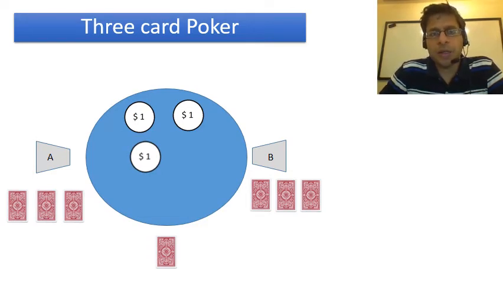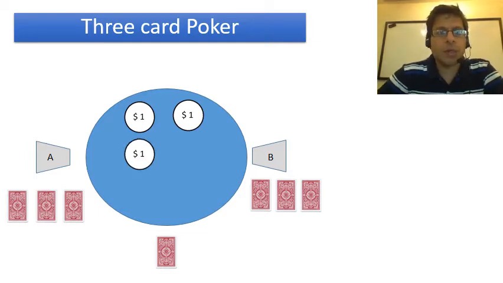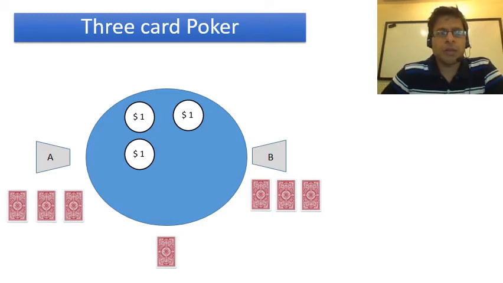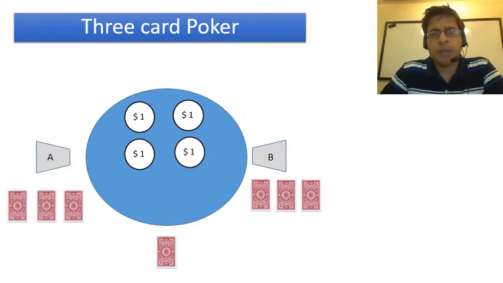He can either surrender by betting 0 or match the amount that player A has bet. If player B surrenders, then player A immediately gets all the money in the pot. Otherwise, B must match A's bet, that is, bet the same amount as A. Let's say B does this and puts in $1 into the pot.